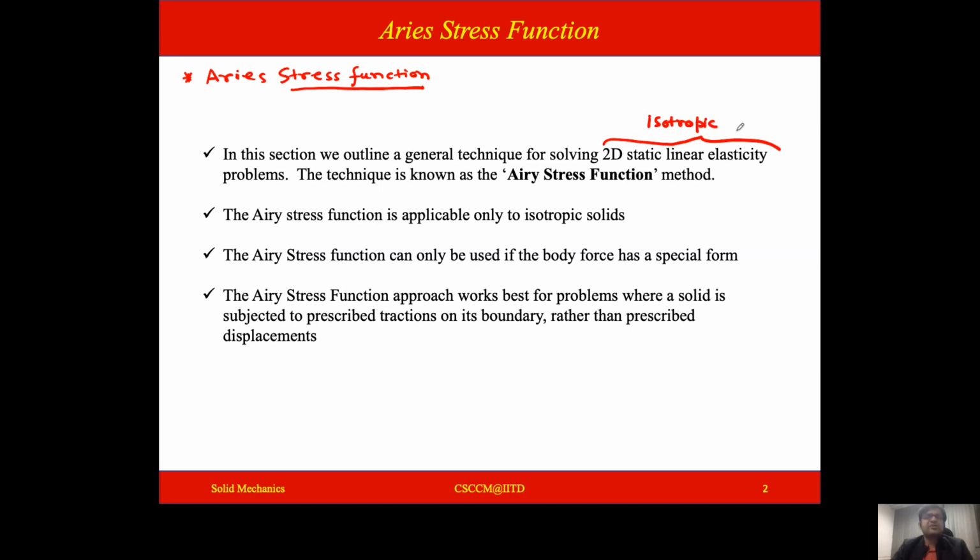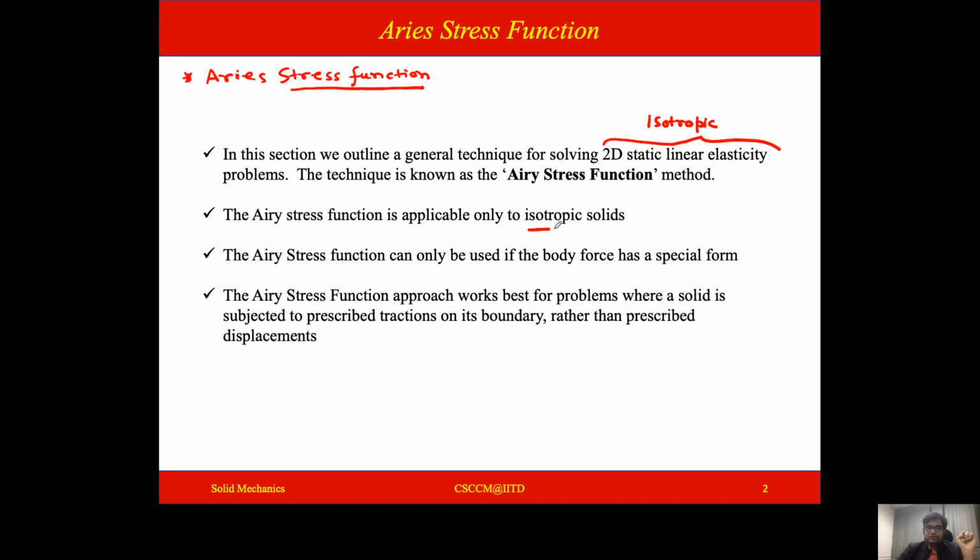So it has several limitations, but you have to judge the importance of a technique based on the context in which it was developed. So this was developed at a time where there was no computer, orthotropic material was out of picture, so everything was analytical by pen and paper. And in that context, this method is very important.